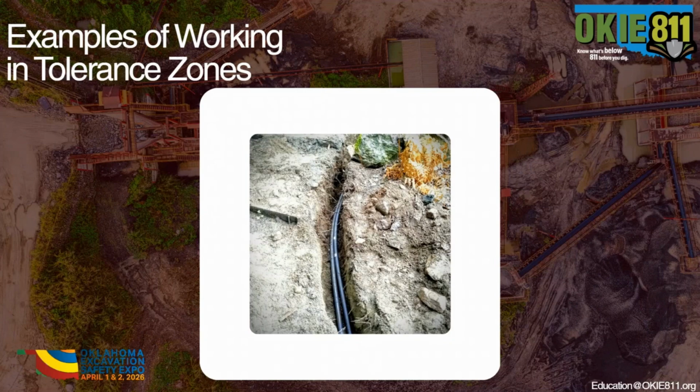And this is why it is very important to acknowledge the tolerance zone having those 2 feet on either side of markings or utility itself, because those marks, again, it's not an exact science when it comes to locating. And so those lines may be shifted in other areas due to weather, erosion, etc.